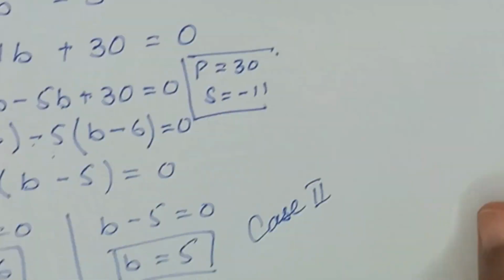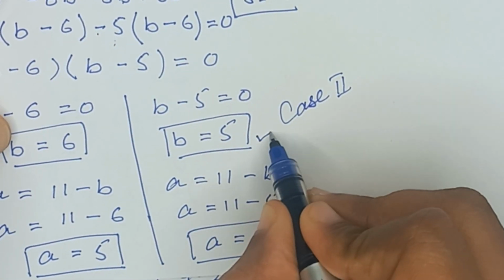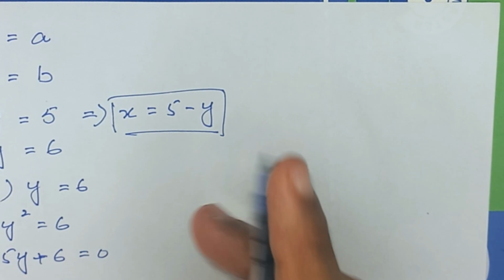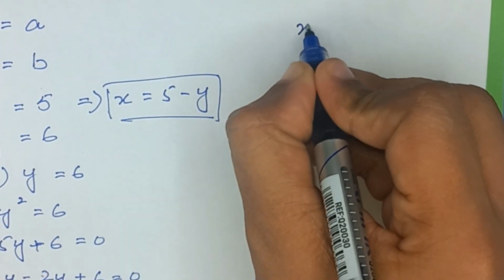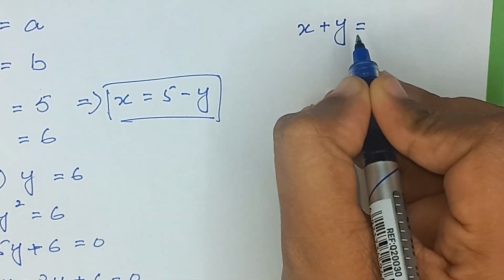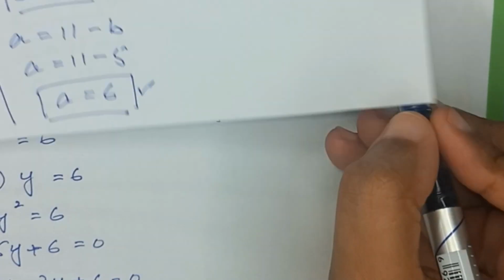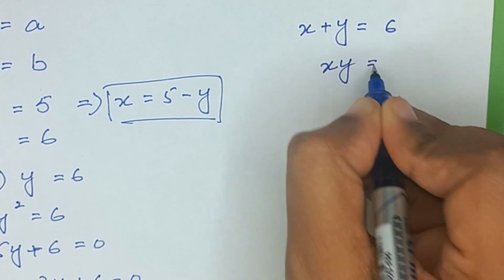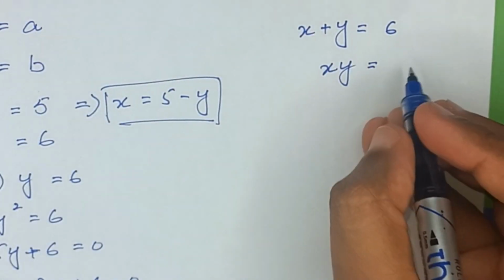Now in case 2 we have the value of b is 5 and the value of a is 6. So it means this x plus y will be equal to a, which is 6 here, and xy is equal to b, and b is 5 here.